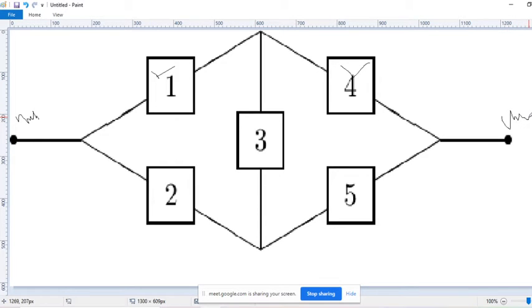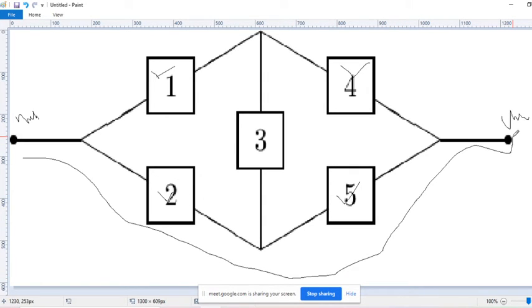Okay. And if 2 and 5 are functioning, then also the signal can go through 2 and through 5 and reach here. What are the other possible paths?